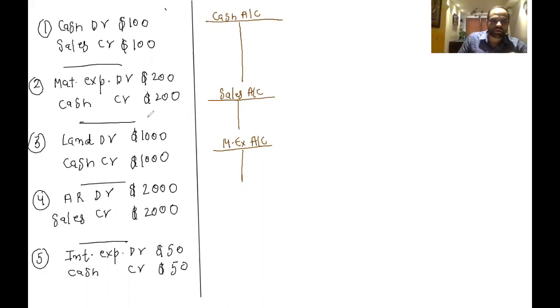So cash account already. Land account. Account receivable account. Sales account already.